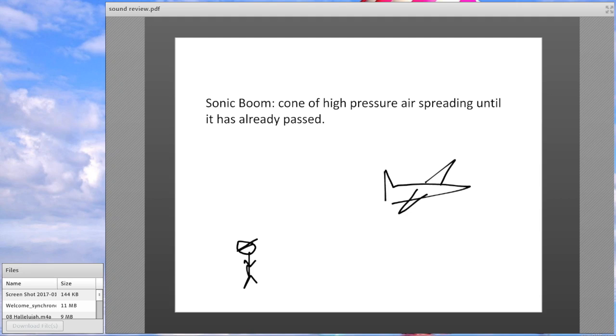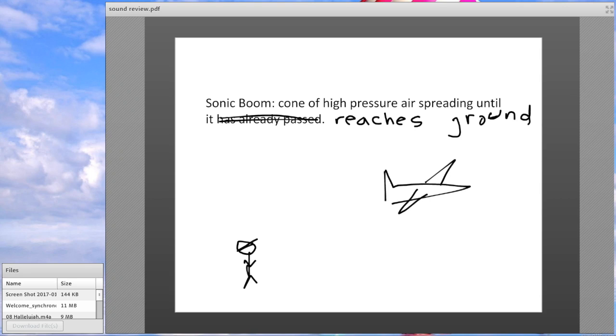So a sonic boom is a cone of high pressure air spreading until it reaches the ground. It depends on where you're at as to when you're going to hear it.